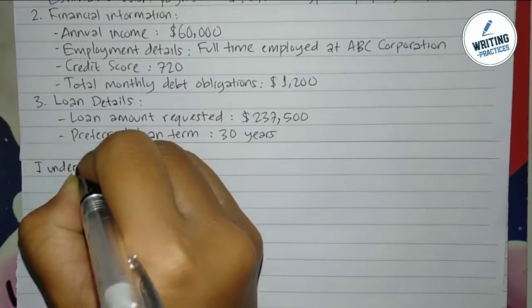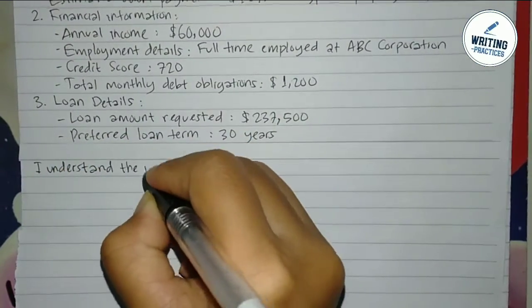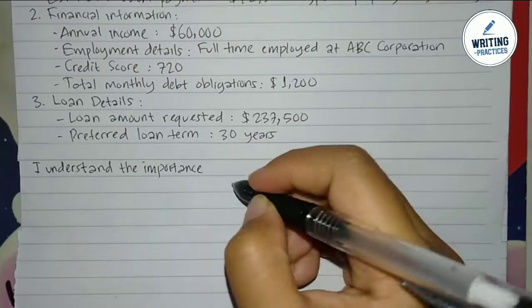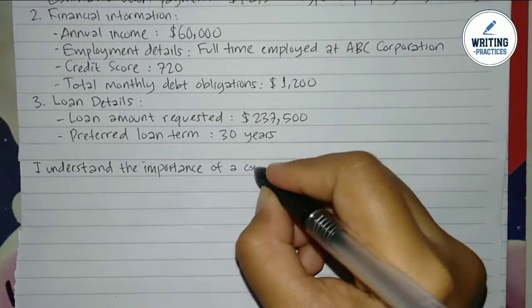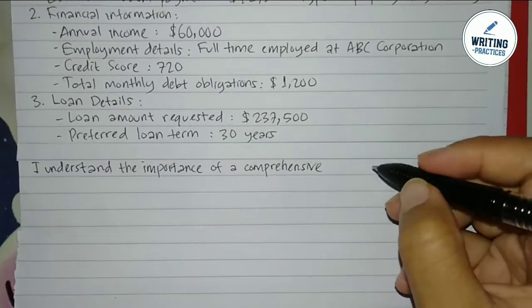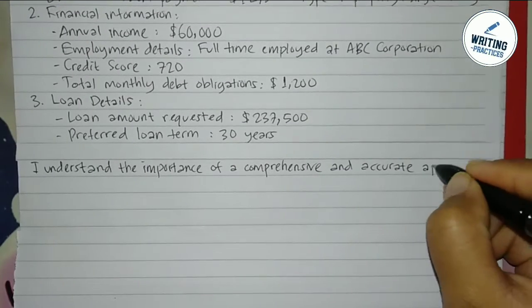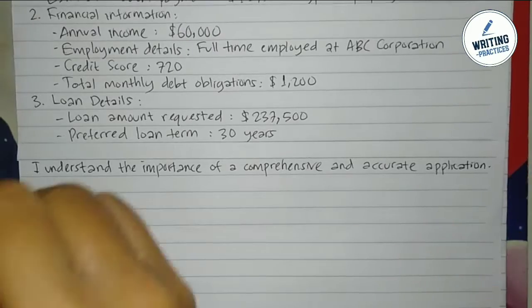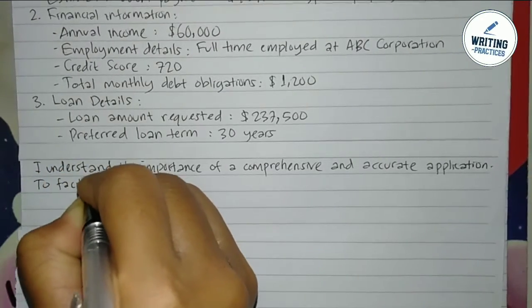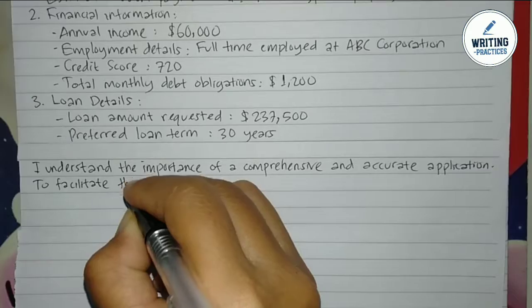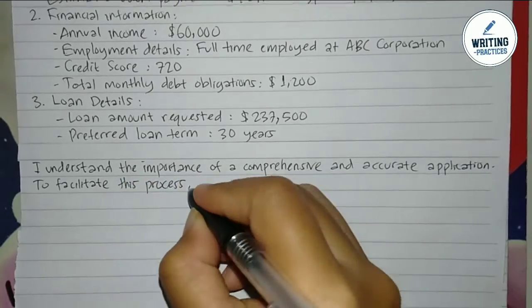After writing the 3 points above, now you can continue to write about documentation and preparation. In this case, the applicant needs to express their commitment to providing all necessary documentation to support the loan application. And don't forget to acknowledge the importance of a comprehensive and accurate application as well. This is crucial to input.